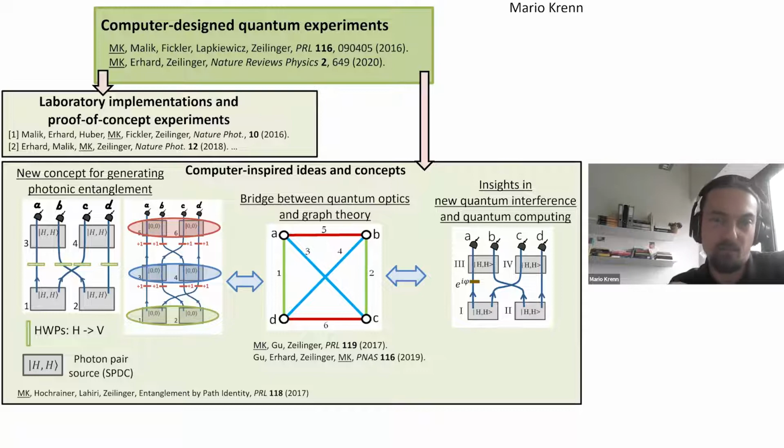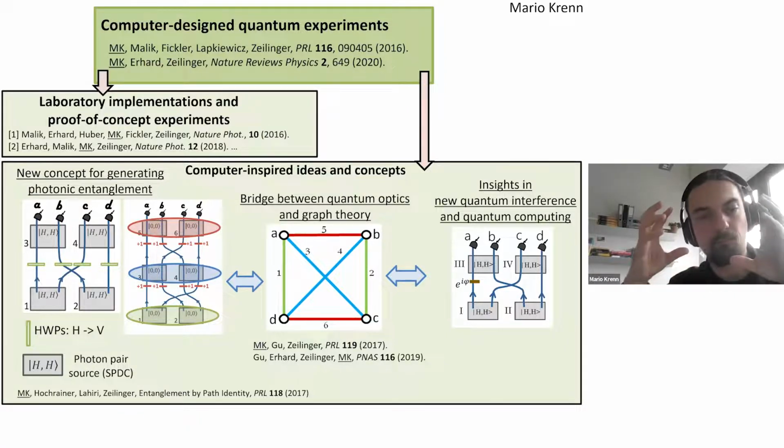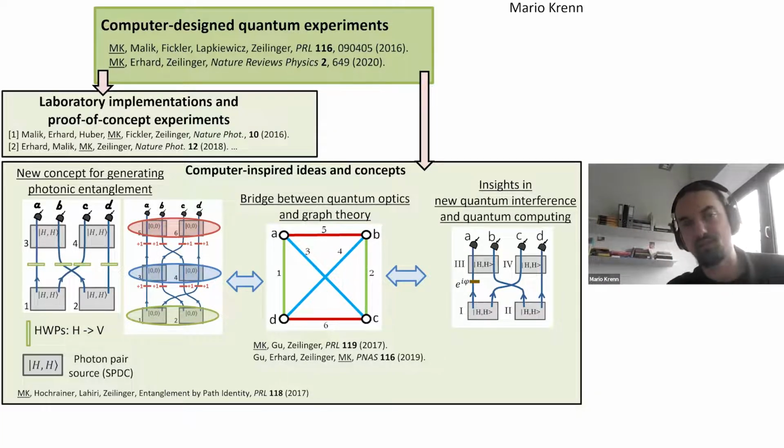And these links have given us some new ideas about quantum computation, because much is known about complexity classes of certain problems in graphs, and we know now how to encode those problems with very high complexity classes.